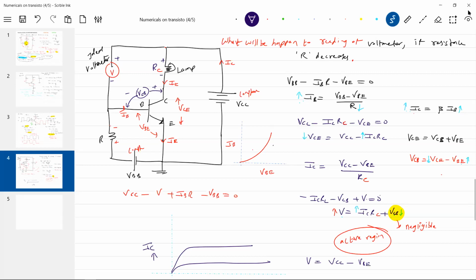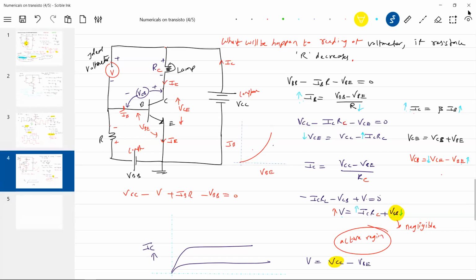From the bigger loop, sir, which Kushal told initially. From the graph, VBE is increasing, no, sir, as IB will be increasing. So V should decrease, sir, because VCC is constant.